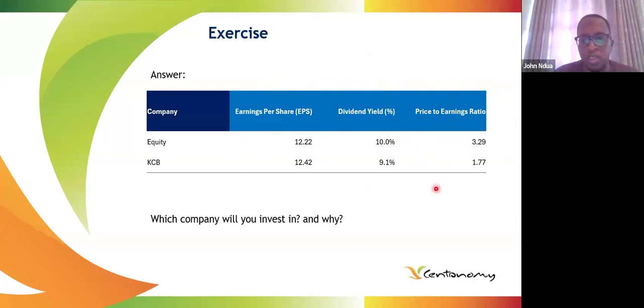Which company do you think is the better company to invest in? Remember, this one is higher the better, this one is lower the better. And you look at it in equal measure. So the one which appears better in most wins. So which one is a better company?